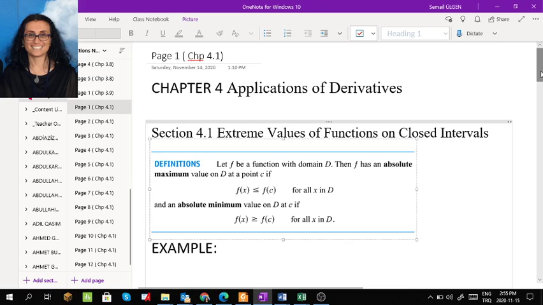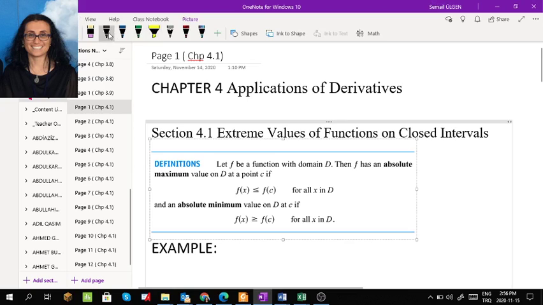And when you look at the graph of f, you can plot a point c where the function takes the smallest of all the values it takes, and we call it the absolute minimum value on the domain D at the point c.